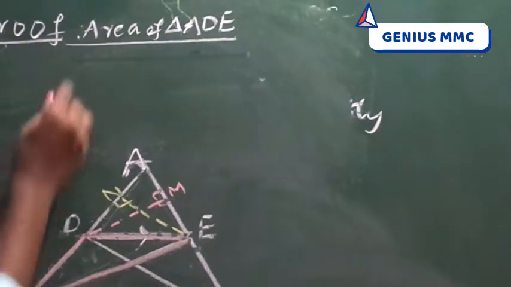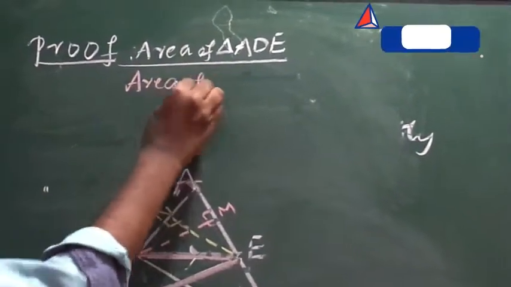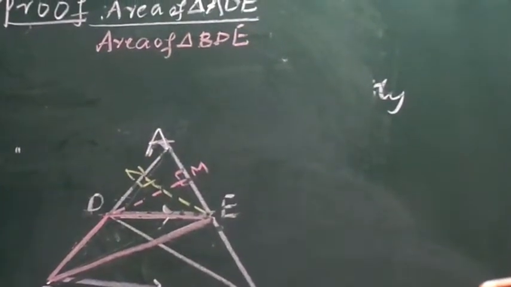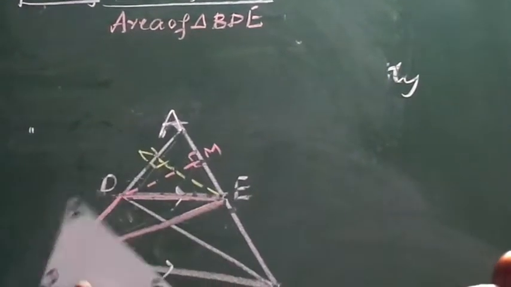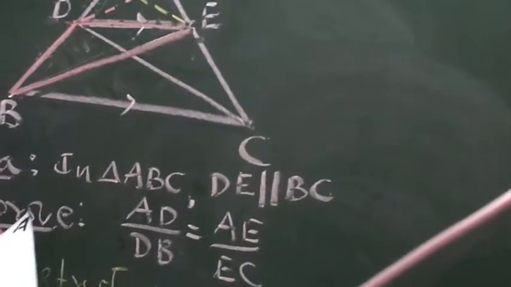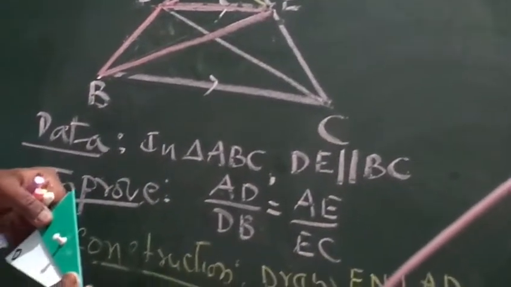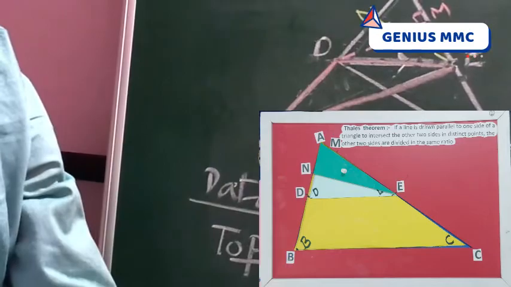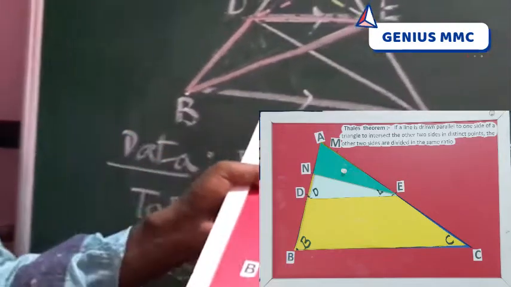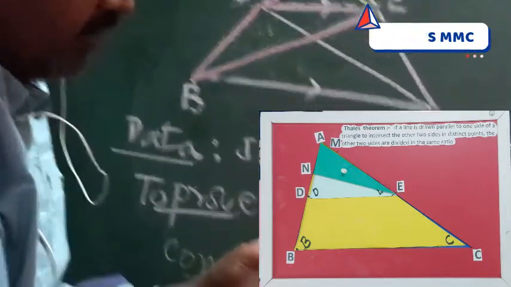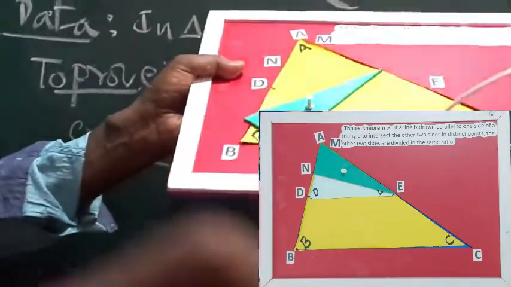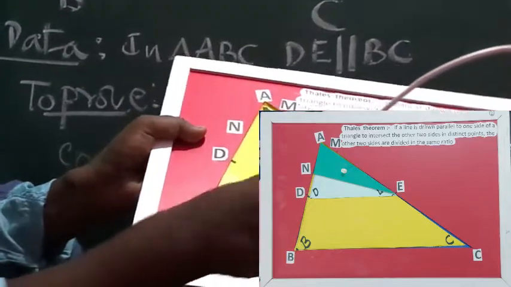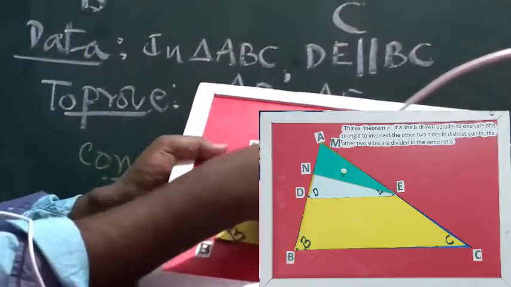You take the ratio of the areas. So this is the area of triangle ADE. Here AD is taken as base, and this is the height; from E, EM is drawn perpendicular. See AD.